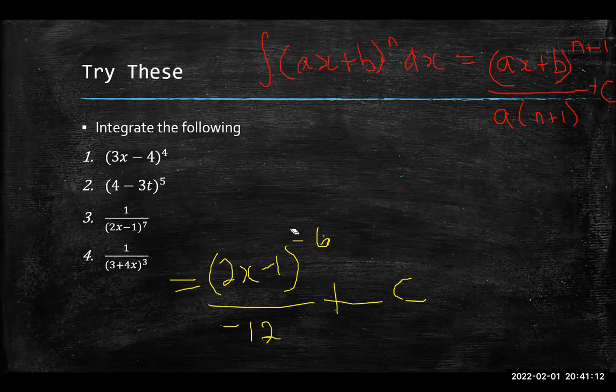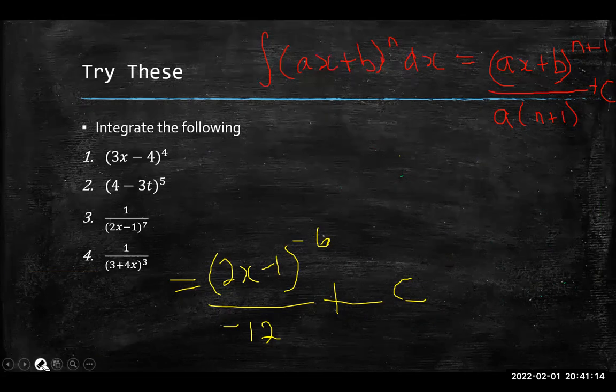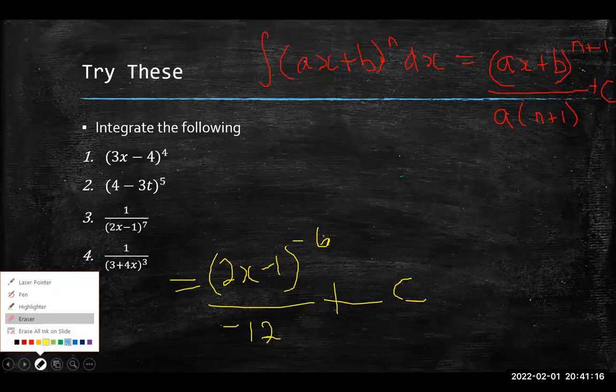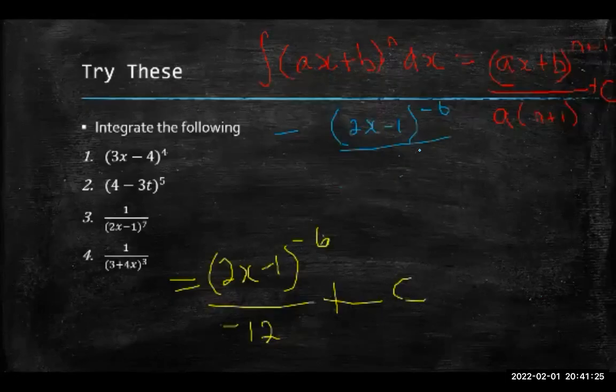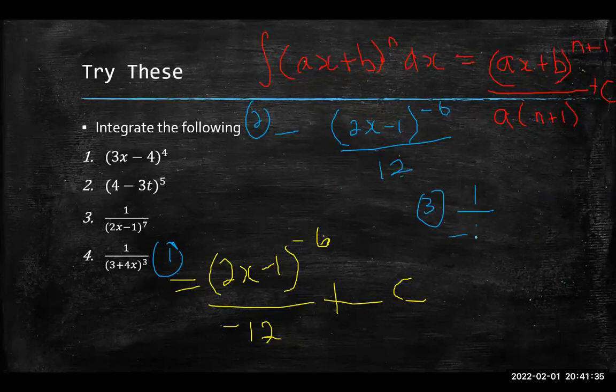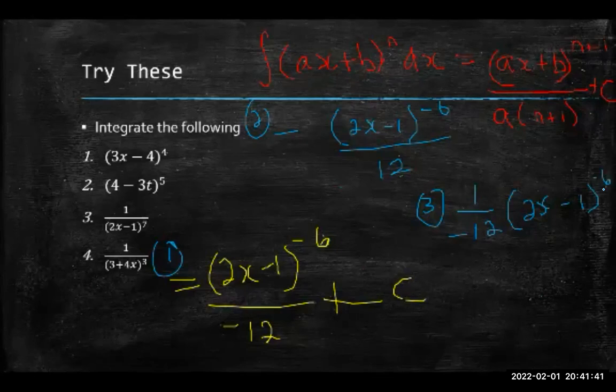So I was saying, you could write this as the answer, or you could write it as minus 2x minus 1 to the -6 on 12. This is 1, this is 2, or you could write it as 3, 1 on -12 by 2x minus 1 to the -6.